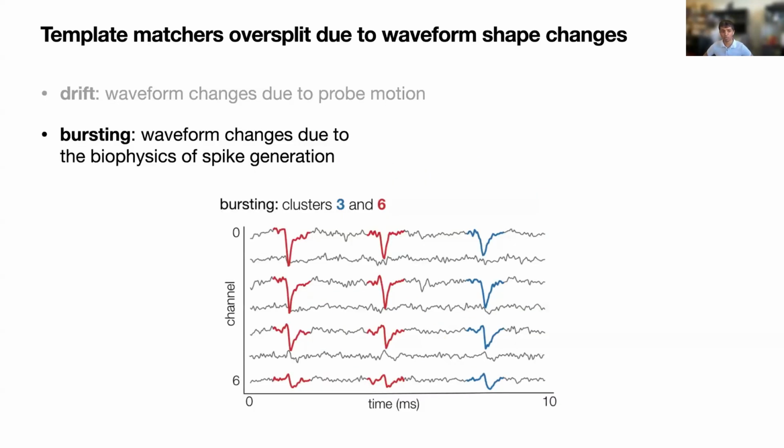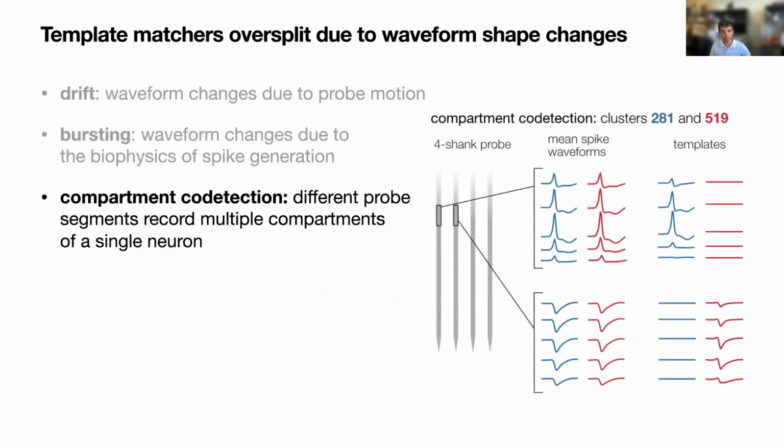Another reason for oversplitting might be bursting. So a lot of times due to the biophysics of spike generation, if you have a neuron firing very quickly in succession, the later spikes in the burst might show some attenuation of the amplitude, or the width of the spike might become larger. And then lastly, sometimes, especially with multi-shank probes, you might record different compartments of the same neuron on different parts of the probe.